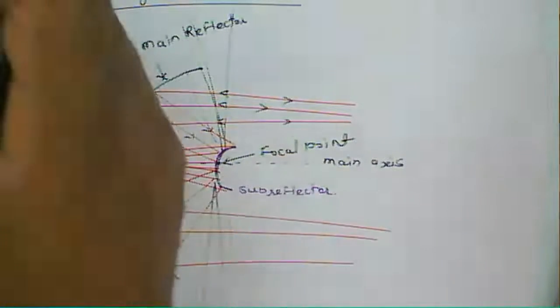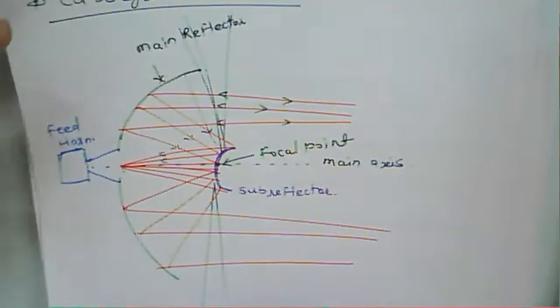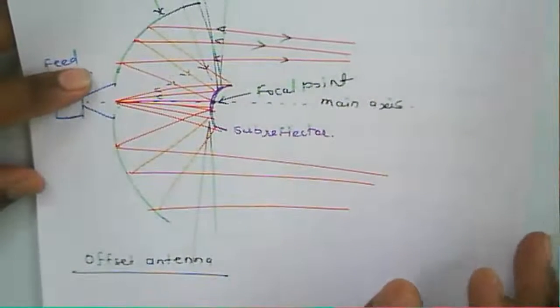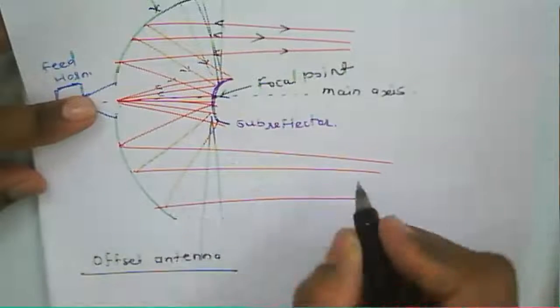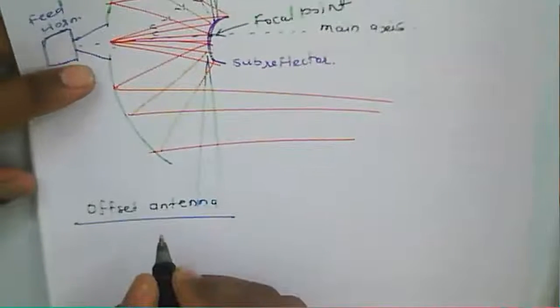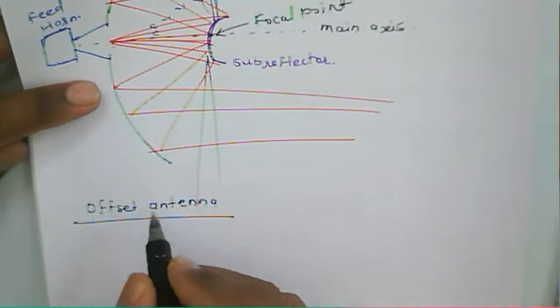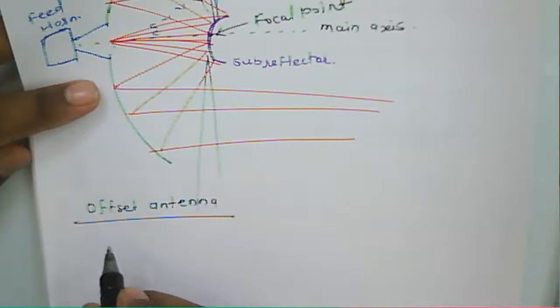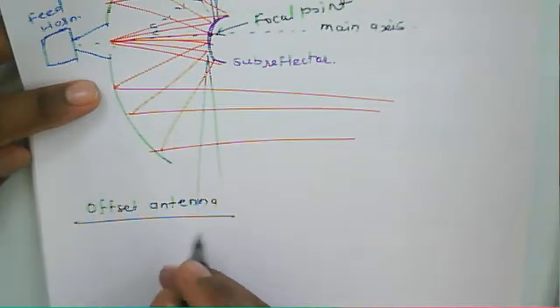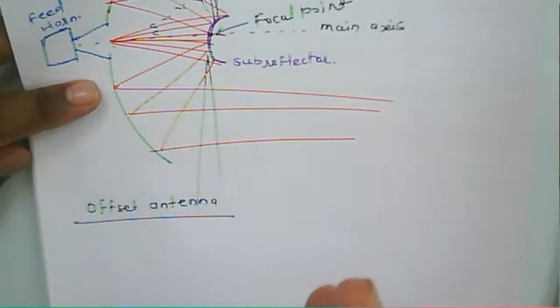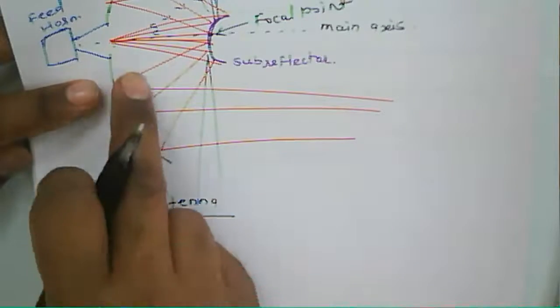Even if you consider a prime focus antenna, blockage is more there, and because of that particular blockage, efficiency is reduced, so the gain is reduced. To avoid that blockage, we can use an offset feed antenna, and that offset feed is placed not on the main axis.